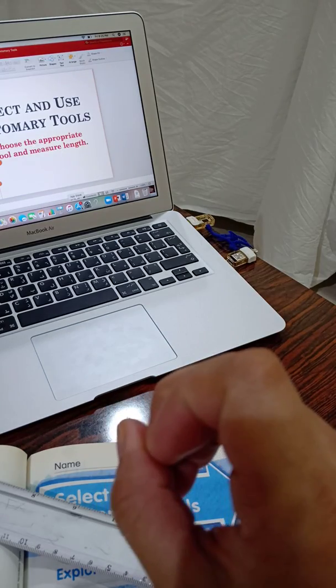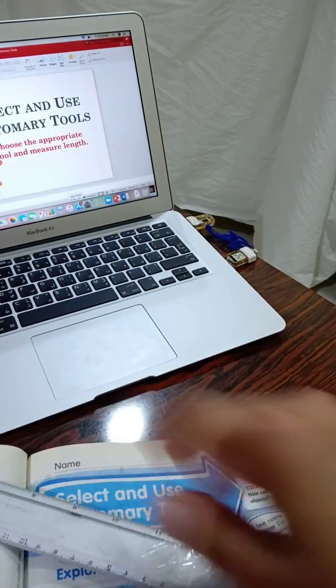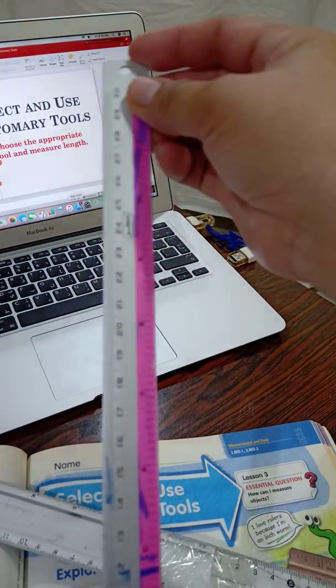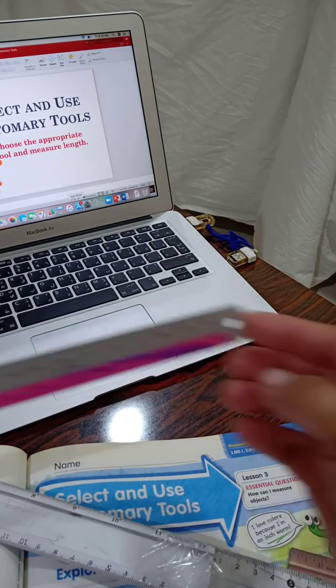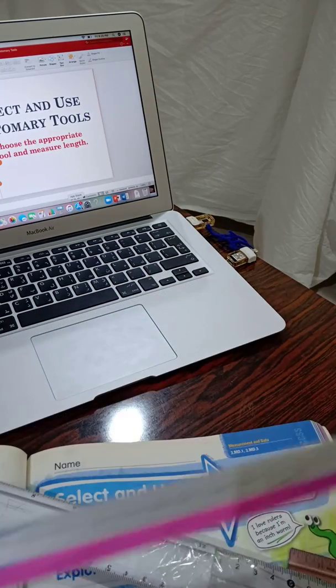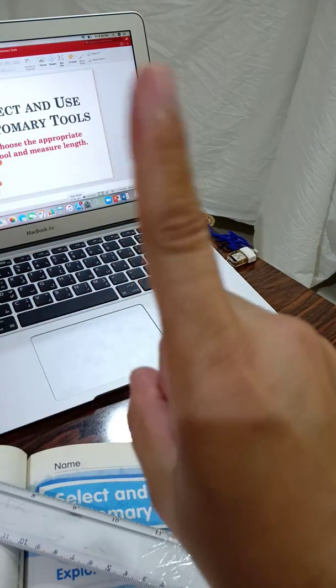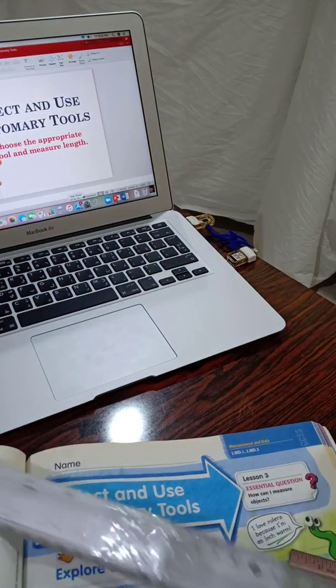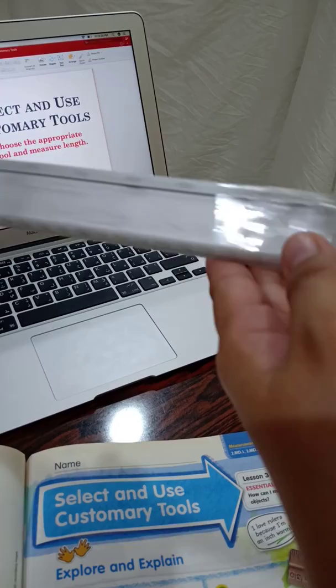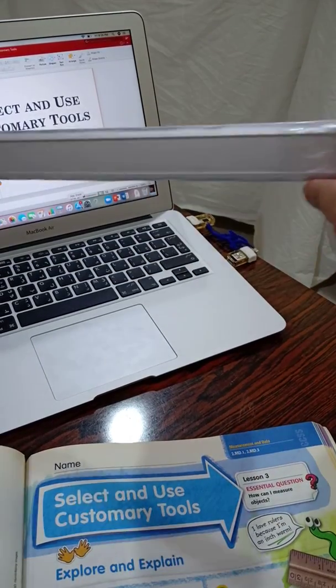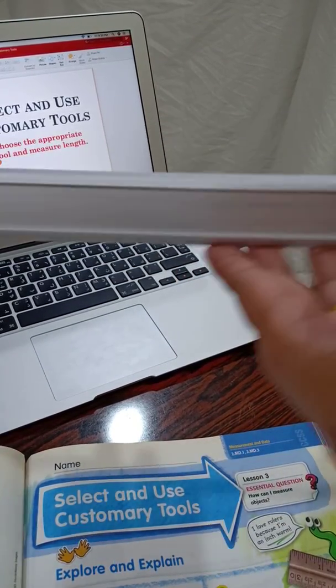So always kindly remember that one. Again, 3 feet, or the 3 rulers with the 12 inches, is equal to 1 yard. So this is my improvised yardstick.